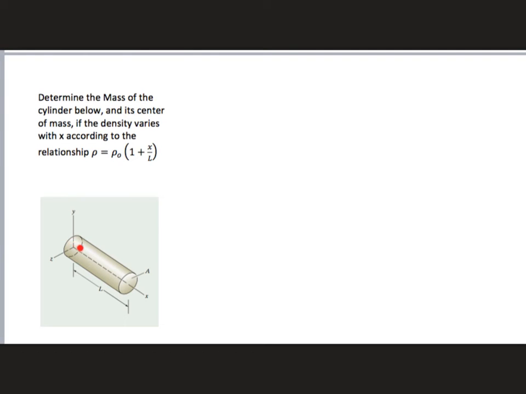It's increasing as x increases, so the density is linearly increasing until you get to the other end at the position x equal to L. If I plug x equal to L right there, I get 1 plus L over L, which is 2. And so that gives me that rho is equal to rho naught times 2. So the density is linearly varying between rho naught on this end and 2 rho naught on that end.